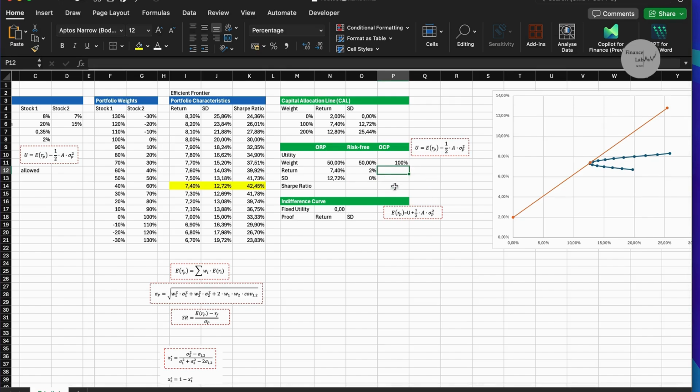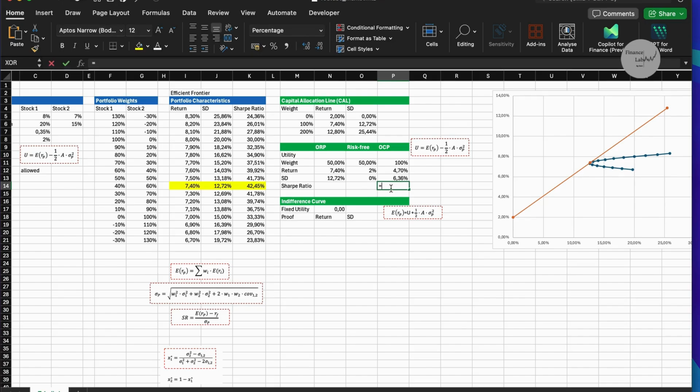And the return of the portfolio is just the weight times the return plus the weight in the risk-free rate times the expected return from the risk-free rate, and the standard deviation is just the weight of the optimal risky portfolio times the standard deviation of the optimal risky portfolio.